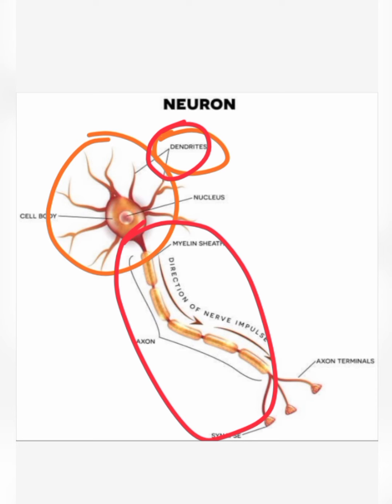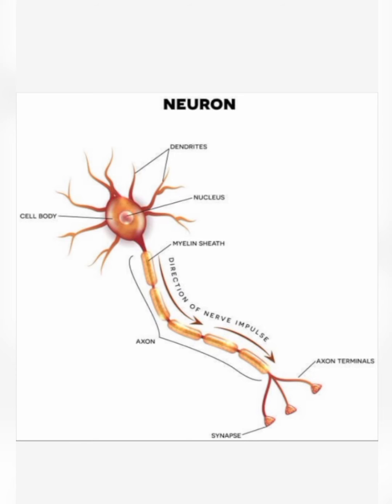The axon is the conducting unit of the neuron arising from the cell body. It has a protective fatty covering called the myelin sheath. You can see this yellow covering, the insulation. This is called the myelin sheath. It envelops the long axons and provides insulation to the axon.